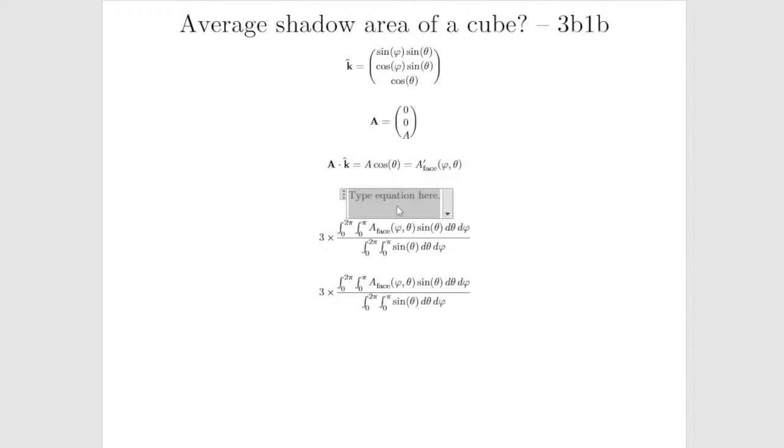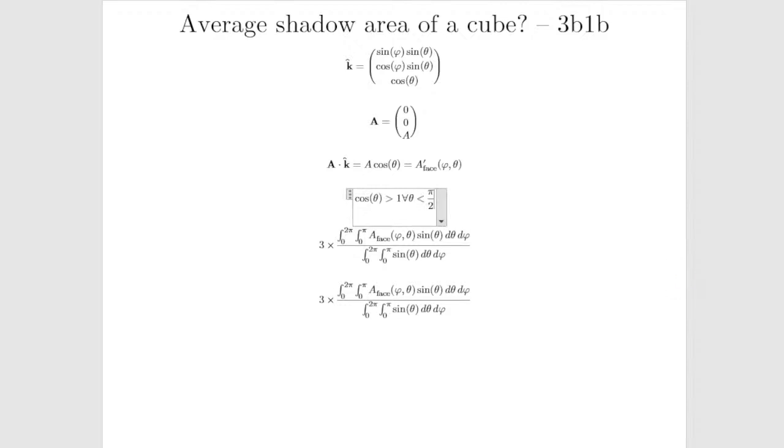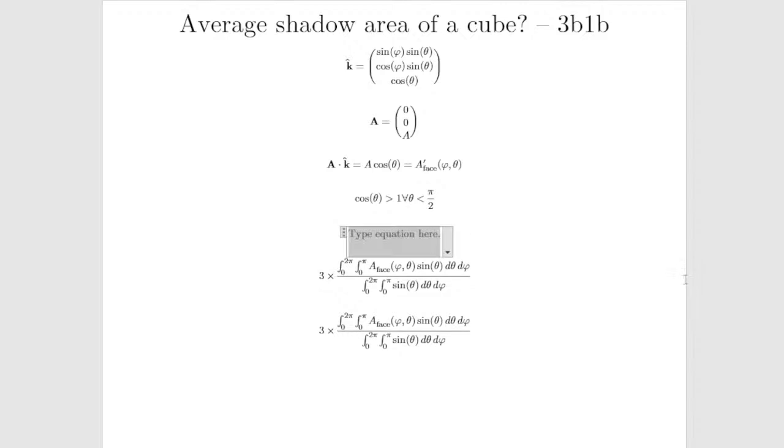The reason it's not going to be annoying here is because we know what the cosine looks like. In particular, cosine of theta is... how do I want to write this? I'm just going to consider this between 0 and pi, because that's the only range over which we're integrating. So between 0 and pi, cosine theta is greater than 0 for all theta less than pi over 2, or 90 degrees.